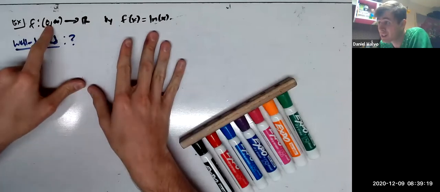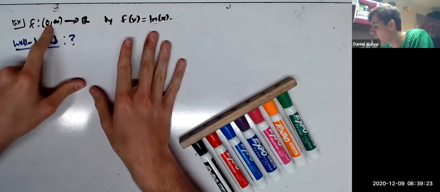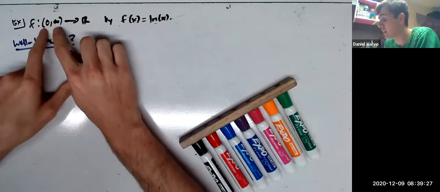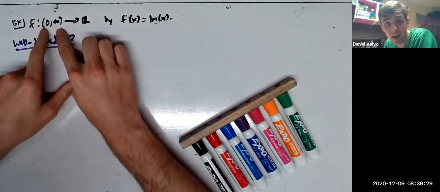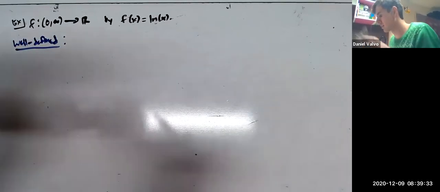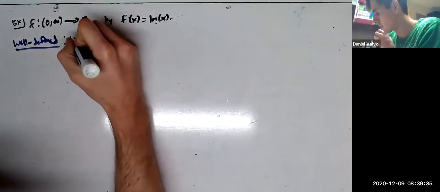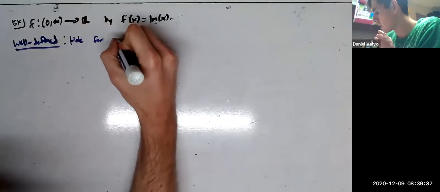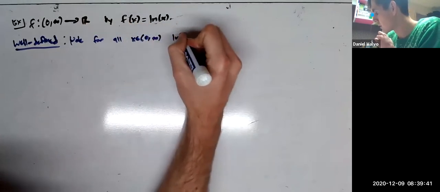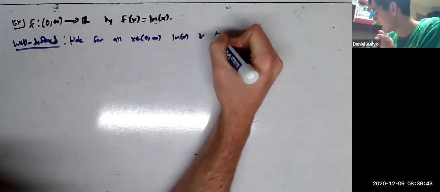Ln of -4, what's that? Makes no sense. Ln of 0 makes no sense as well. So we don't have ln of 0 or ln of negative numbers, but for anything greater than 0, ln of x is defined. So we should first note for all x in 0, infinity, ln of x is defined.